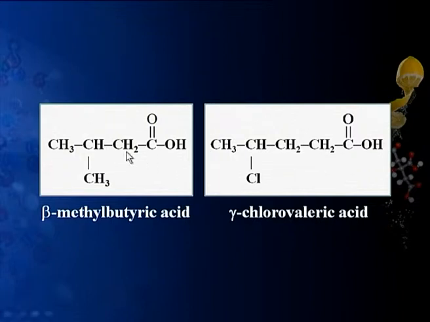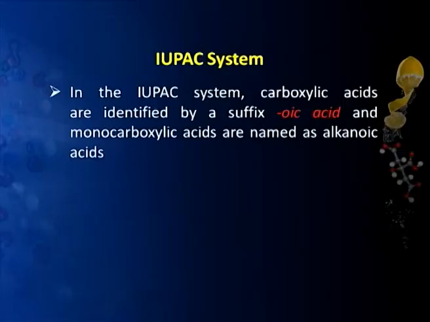Similarly, we can name other acids which do not have directly the common names as a substitution of some other common acids. These carboxylic acids can be named more systematically by the IUPAC system. In the IUPAC system, carboxylic acids are identified by the suffix oic acid, and monocarboxylic acids are named as alkanoic acids.